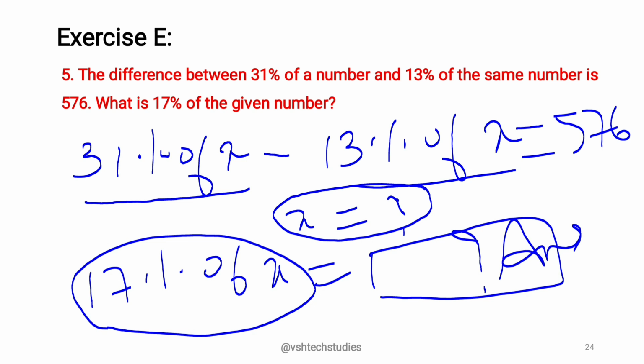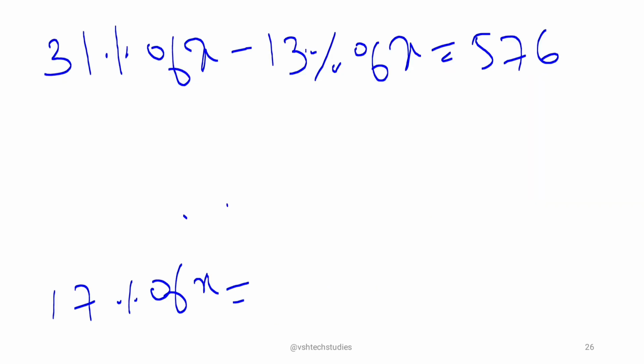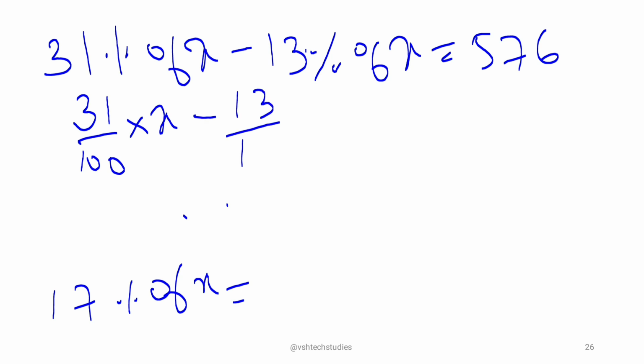Now we shall carry out these steps. 31% of x. So 31% of x means 31 divided by 100, of becomes multiplied by, so x as it is, minus 13% means 13 upon 100, of means multiplied by x as it is, equal to 576. Right?